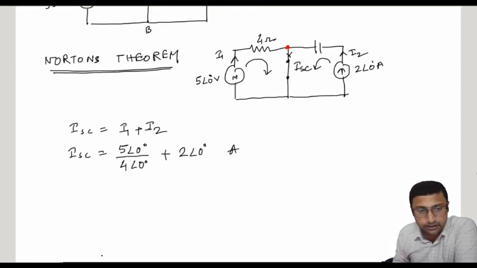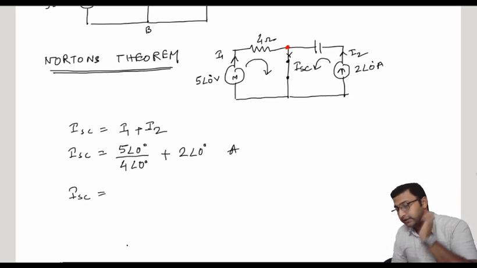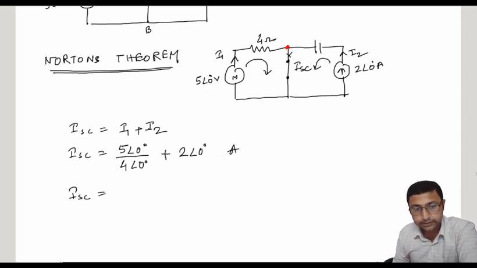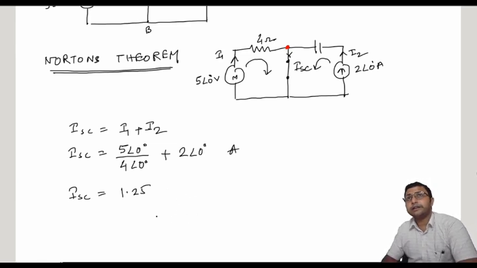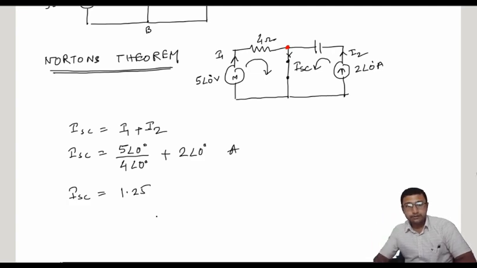Simplifying further, 5 by 4 is 1.25. Now we divide two polar forms. To divide polar forms, we divide the real parts, that means 5 divided by 4, and between the two angles there is subtraction. This is the rule.